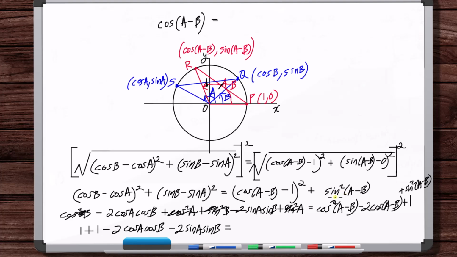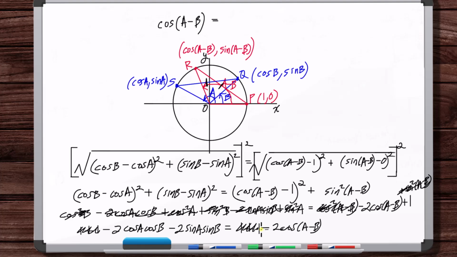Now here you've got cosine squared of A minus B plus sine squared of A minus B. That's 1, so we're done with these. Then plus 1, and then minus 2 cosine of A minus B. Now we can see 1 plus 1 is 2, 1 plus 1 is 2, so positive 2 on both sides.